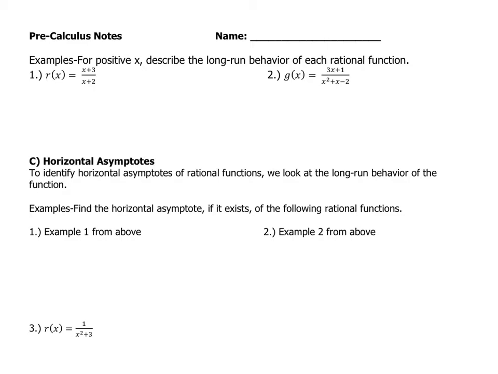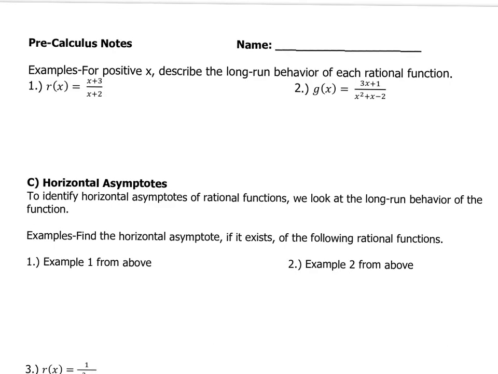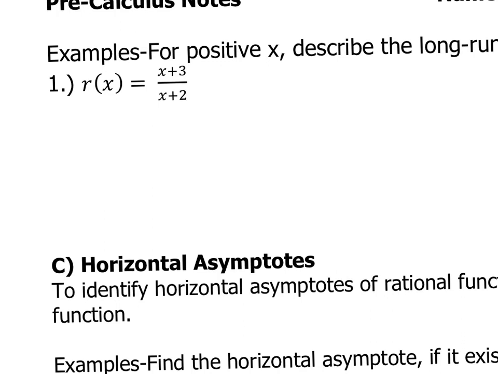So a couple of examples here working with this. It says for a positive value of x, describe the long run behavior of each rational function. So what we're going to do, again, we're looking at the leading term of the numerator over the leading term of the denominator. So the leading term in the numerator is just that x, over the leading term in the denominator, which is also x.